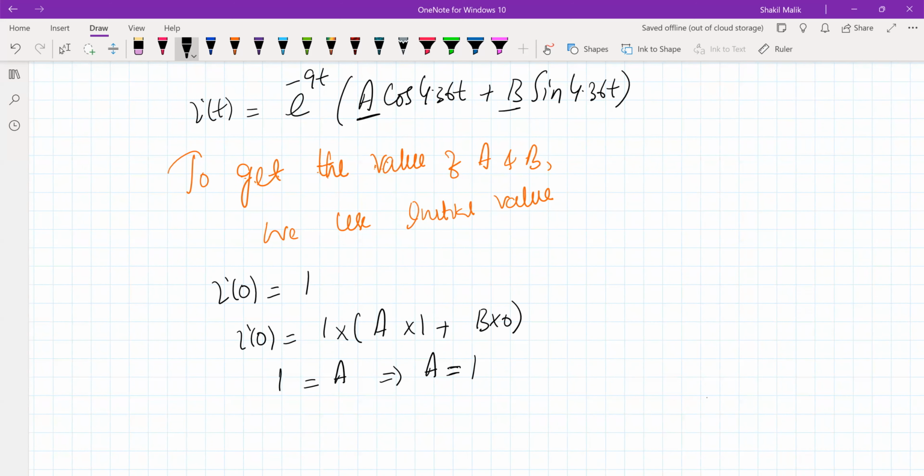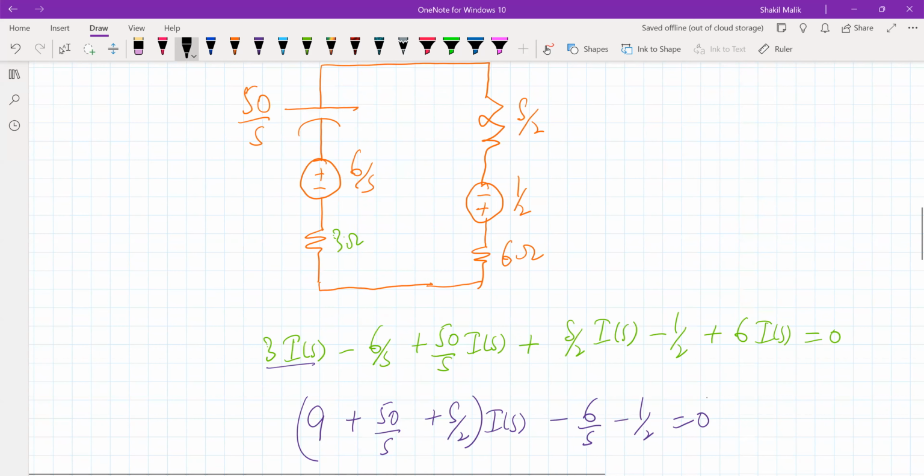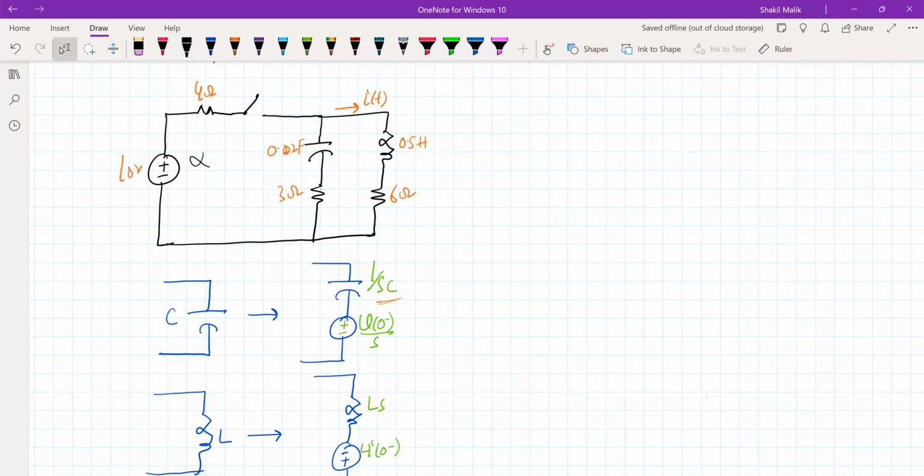Now how do we find the value of B? What we'll do? We'll say the voltage here, right? We have named it V. What is this voltage equal to here? So let me write it here. Writing the KVL, you know current will flow like this.